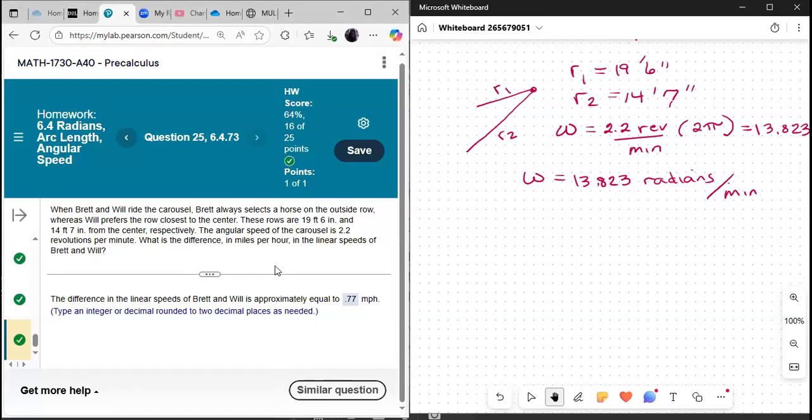So what is the difference in miles per hour in the linear speeds of Brett and Will?